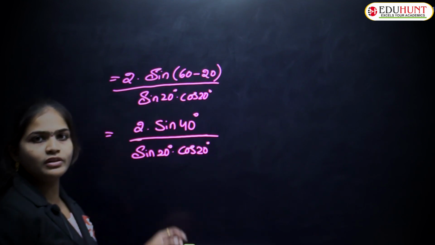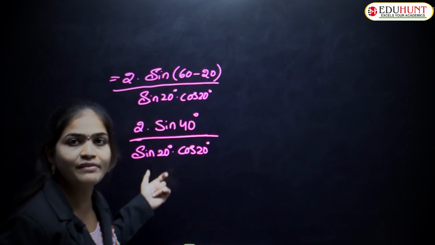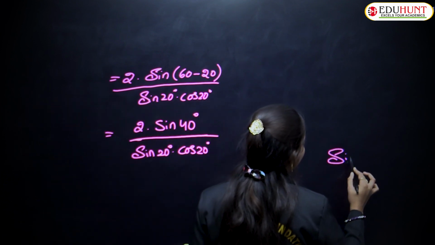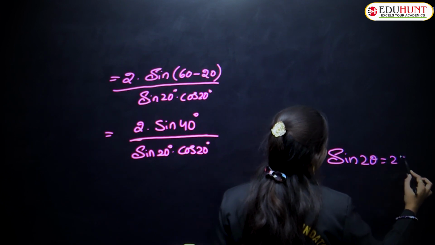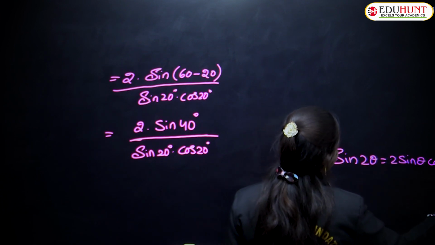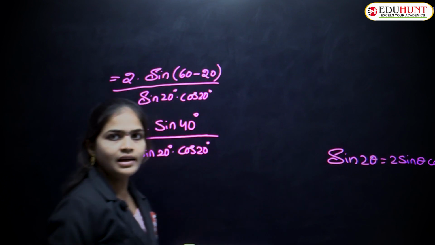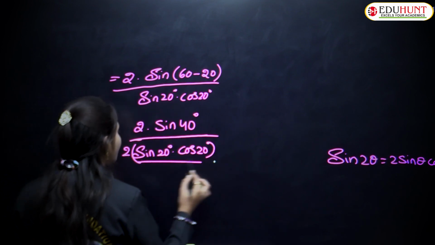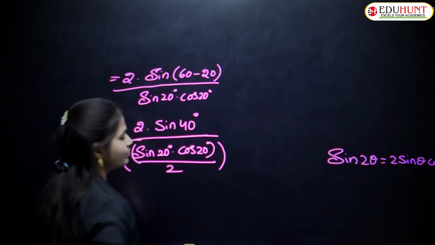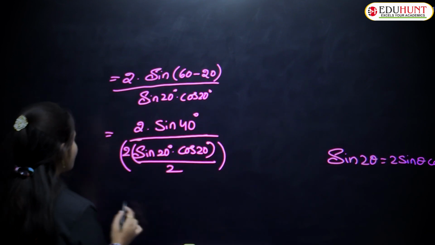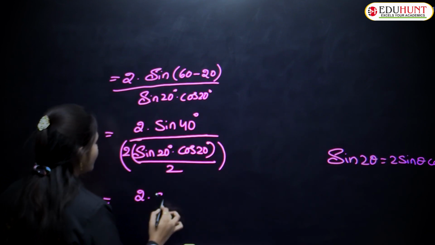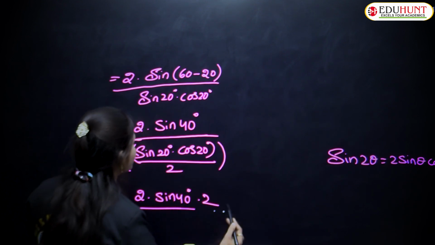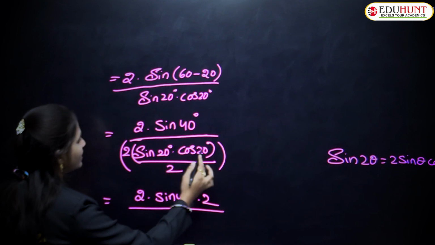So children, when you observe the denominator, here we have sin theta cos theta. So sin theta cos theta means we have one of the formulas. What is that? Sin 2 theta is equal to 2 sin theta cos theta. So that's why I want to multiply and divide the denominator by 2. Understand? Now this one becomes 2 into sin 40 degrees, and here we have the 2, so that becomes into 2, whole by 2 sin theta cos theta.